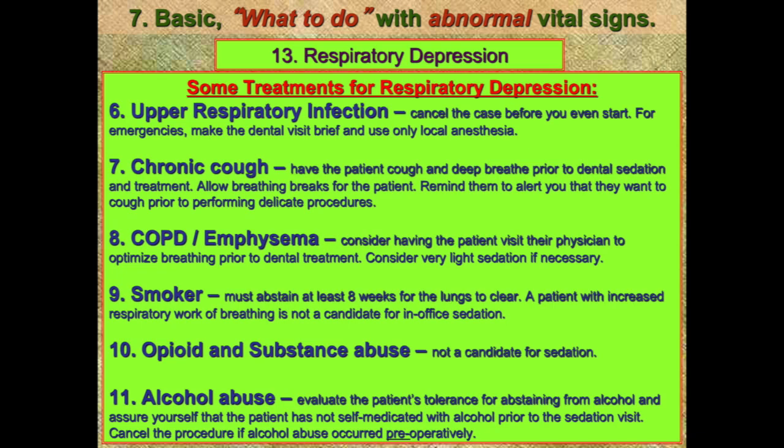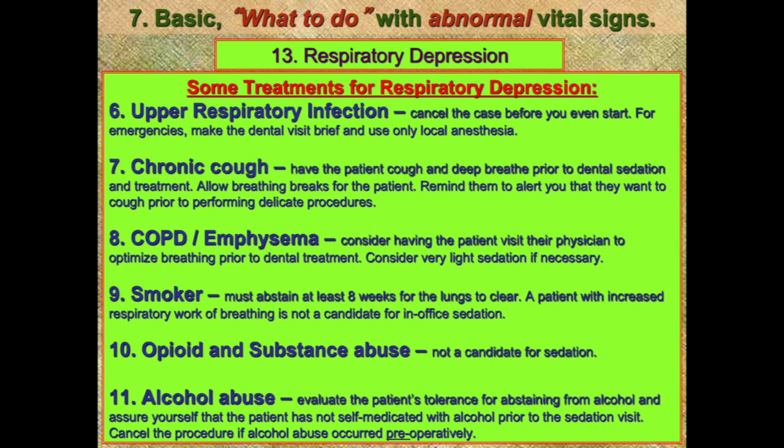Chronic cough patient, if they're not taking any medication for it, I would have them cough or deep breathe before you start the procedure. That is a gut-wrenching cough to open up the airways, and then you'll have to allow for if they should go into a coughing fit.